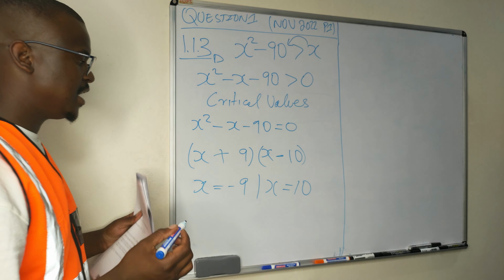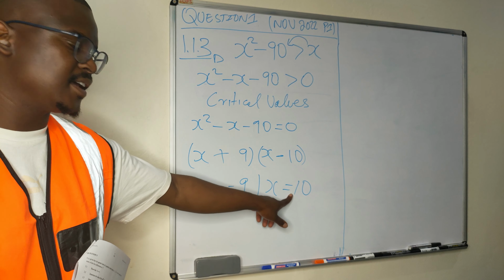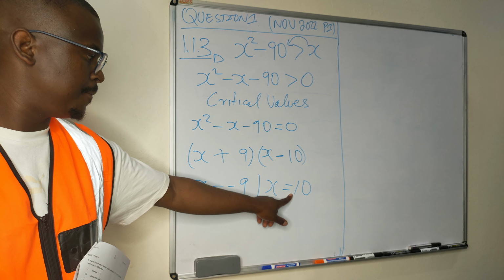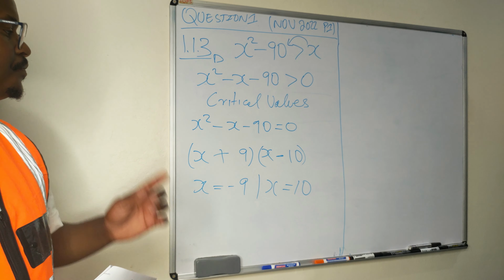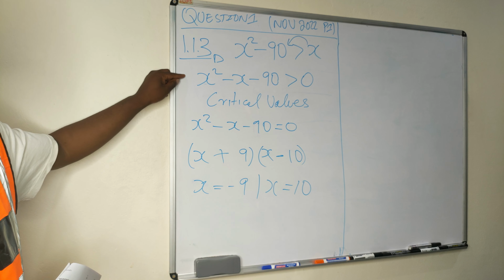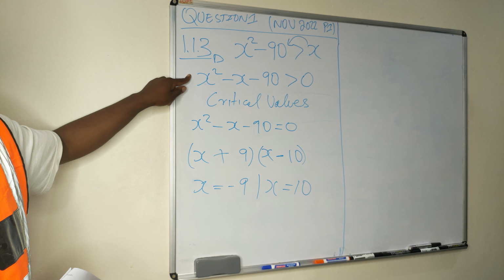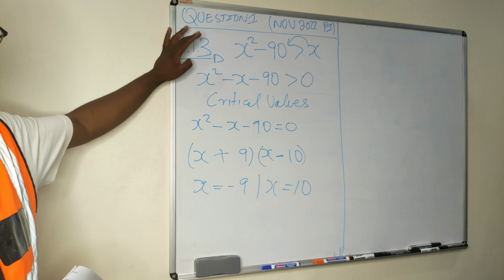So your critical values are x is equal to minus 9 and x is equal to 10. But you want to find the set of x values that will satisfy this equation, or equivalent to this one, because these are equivalent.